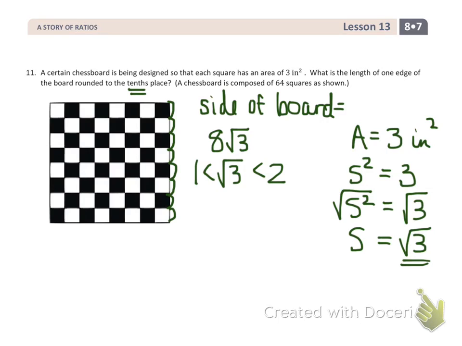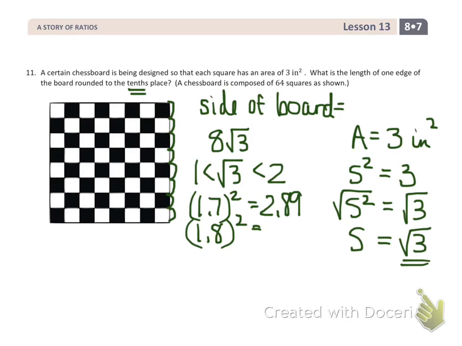So the square root of 3 is going to be closer to 2. I'm going to try 1.7 squared and find out what that is. 2.89. So 1.7 is too small, and I'm going to guess that 1.8 is probably going to be too big.